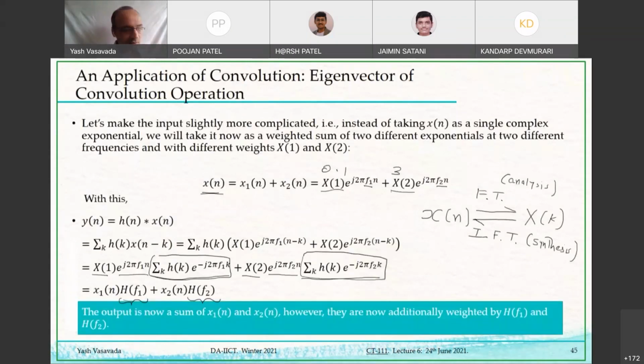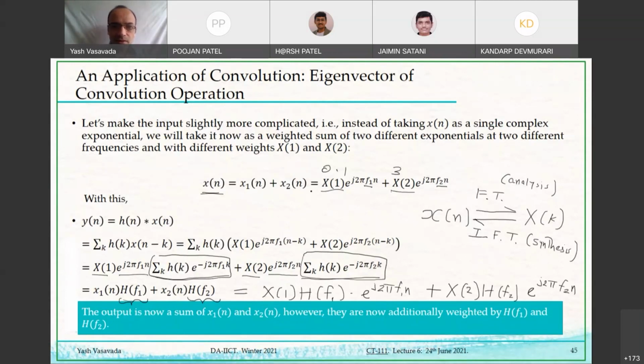See, the way to think about it is that I can write this as x of 1 h of f1 times e to the power j2 pi f1n plus capital X of 2, h of f2 times e to the power j2 pi f2n.